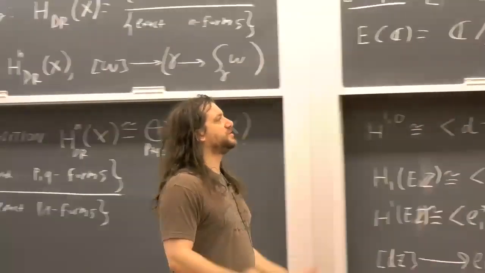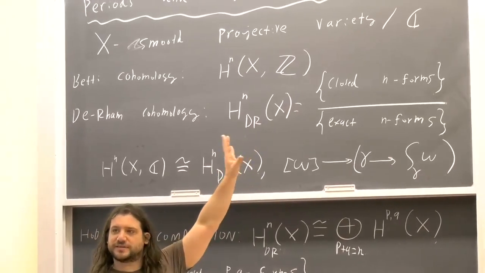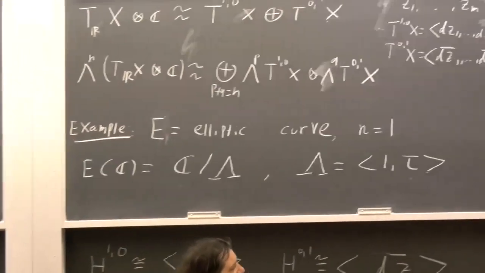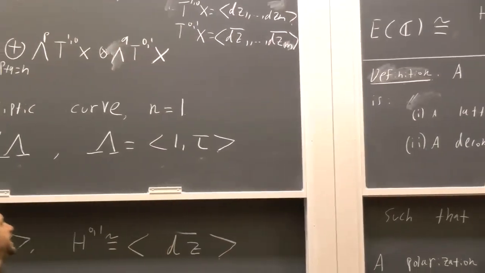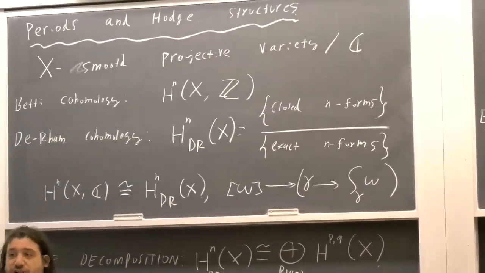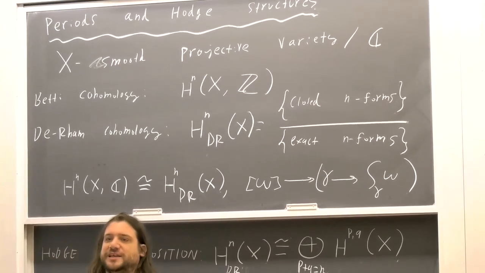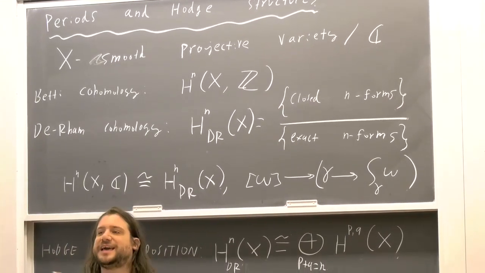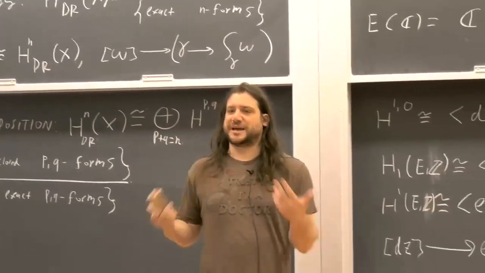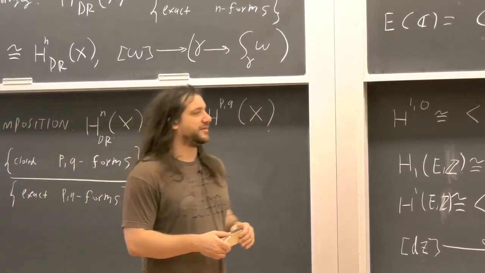But then we also put the periods together in a certain way so as to remove all choice from it. The data of this Hodge structure, and the way we're presenting it, as you can see over here, I haven't told you about the form yet, but I will in a second, depends only on the smooth projective variety X, in fact, only on its holomorphic structure. And so that will make it particularly amenable to studying it in families and getting nice properties, even though when we finally turn to using o-minimality to study it, we'll be able to say something about general periods in families as well. But for now, we'll focus on these cleaner objects.